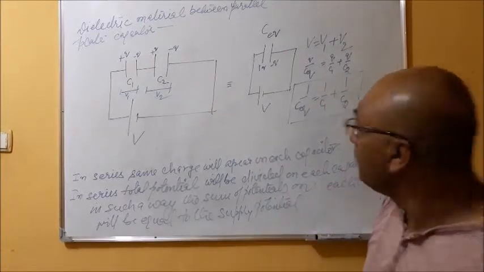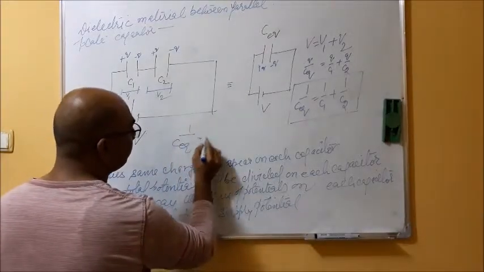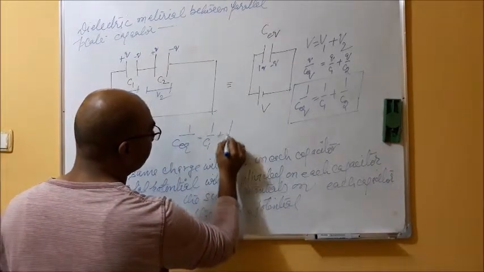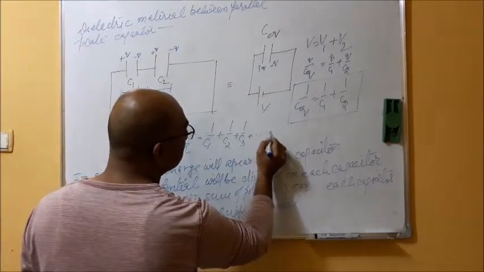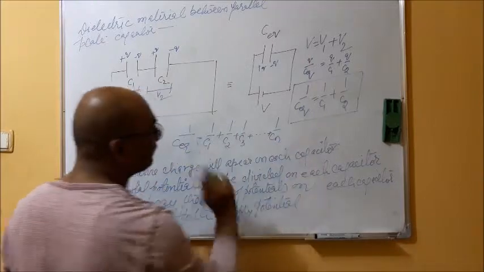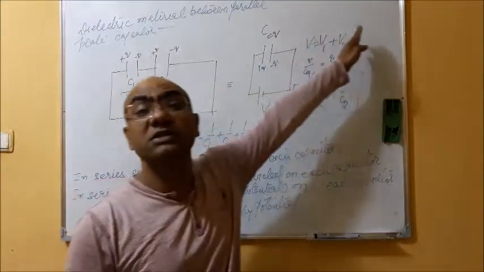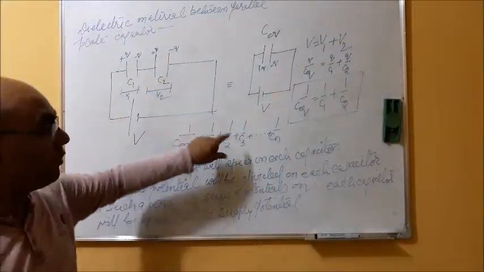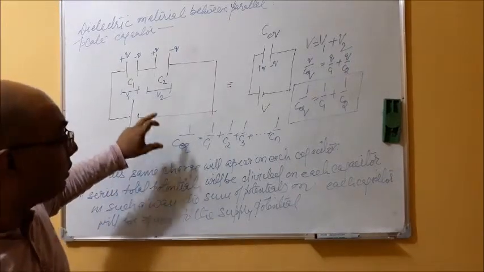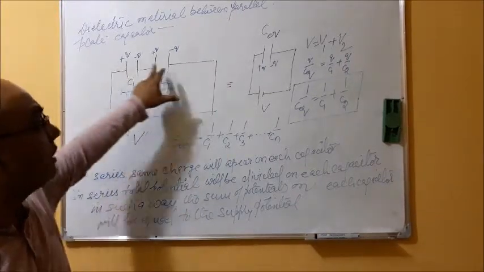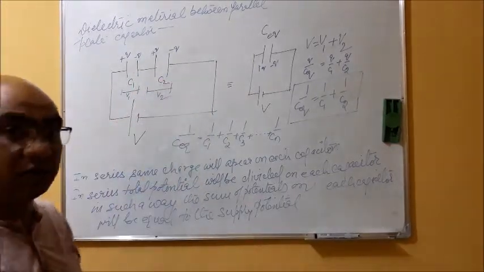In general, if we have a number of capacitors connected in series, the formula is given for n capacitors connected in series, C1, C2, C3, C4 up to Cn. So this will be the general formula. In this way we can get the overall capacitance value for the combination of capacitors connected in series, right?